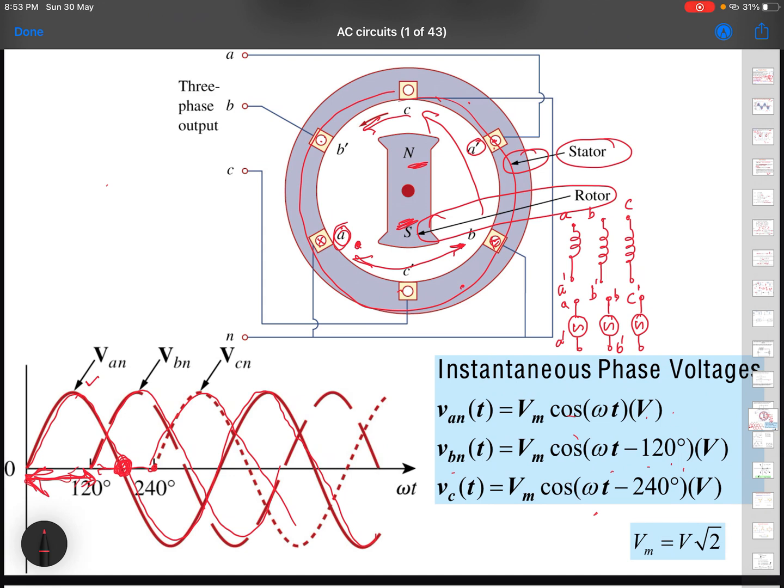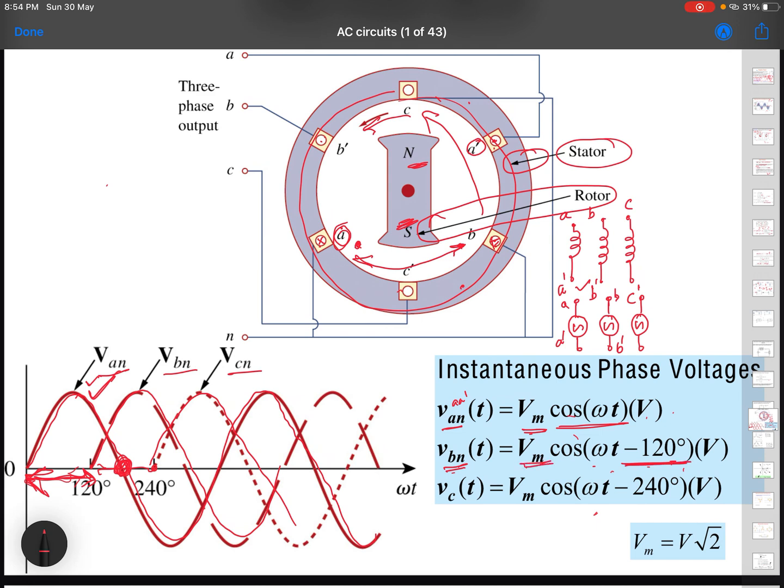Anyway, when the three phase voltages are like this, we can write the phase voltages. Let us take phase A and A dash, which can be written as Vm cos omega t. Let us take that as a reference. Vm cos omega t is the first sinusoid. Similarly, VBB dash, in the second phase, is lagging by 120 degrees.